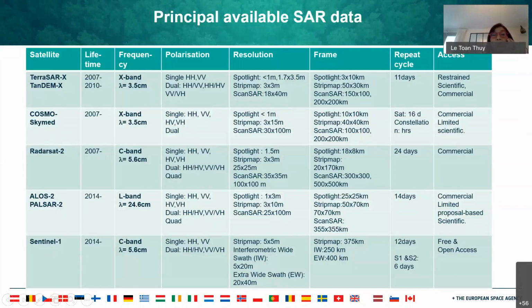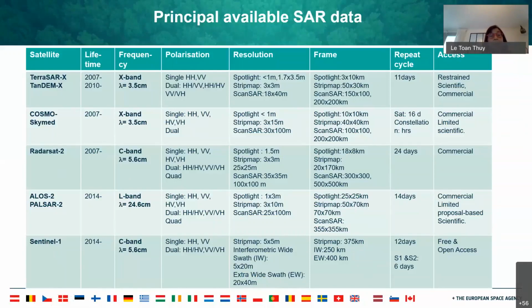And then you can see the access, like the one that Francisco showed. The first ones are much more restricted, but Sentinel-1 is the first with free and open access. Here are X-band and C-band, ALOS PALSAR at L-band, and Sentinel-1 at C-band.